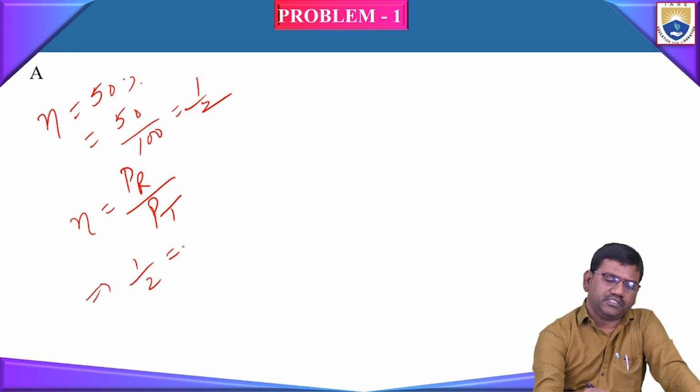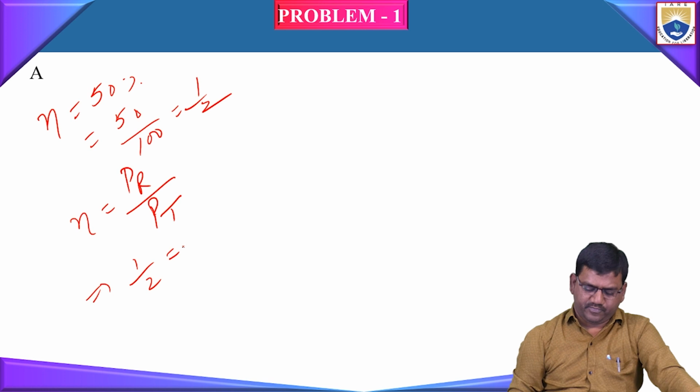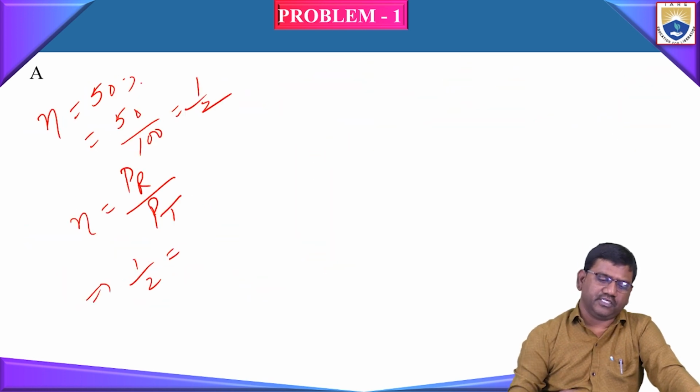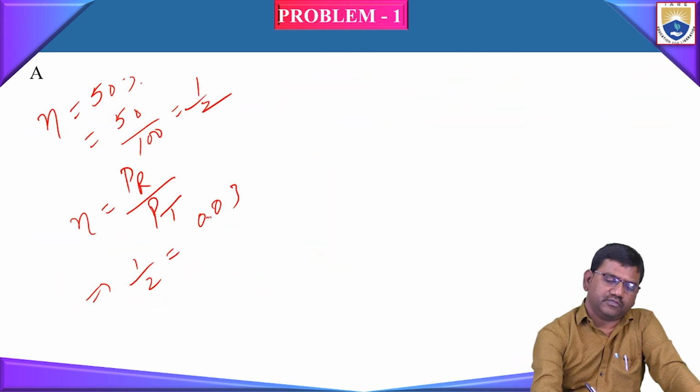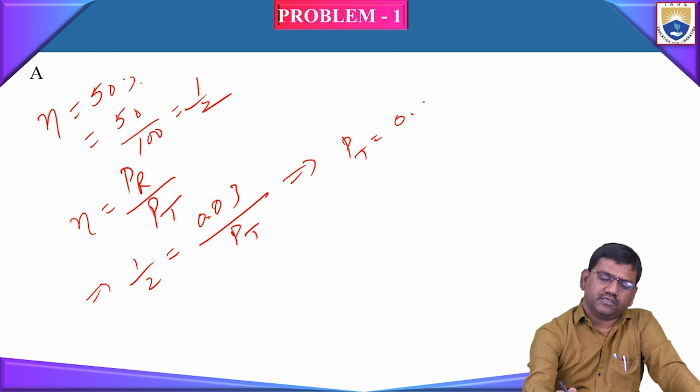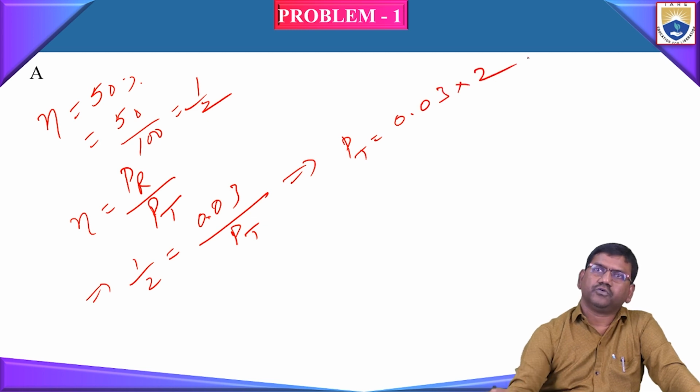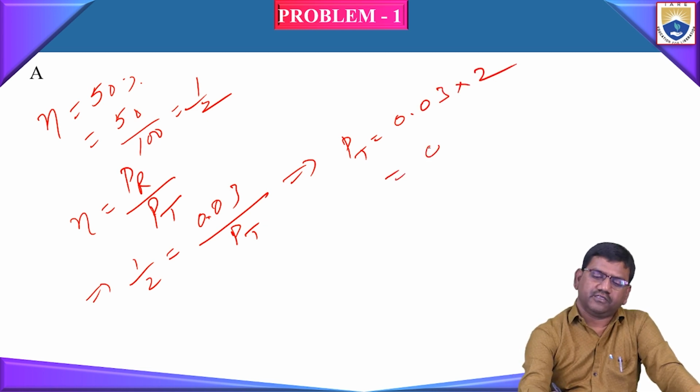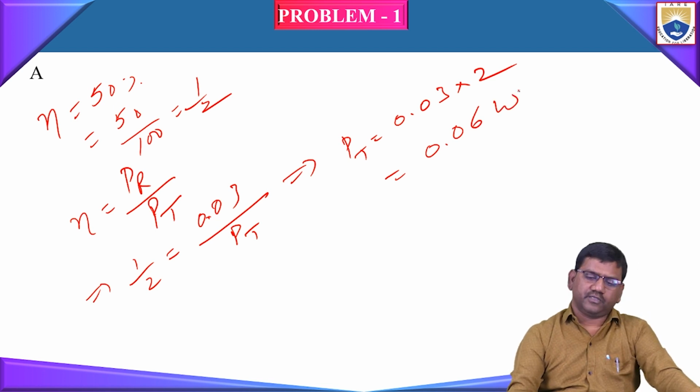So 1 by 2 is equal to PR by PT, and PR, which we got just now, is 0.03 watts. So from this equation, PT is equal to 0.03 into 2, which is equal to 0.06 watts.